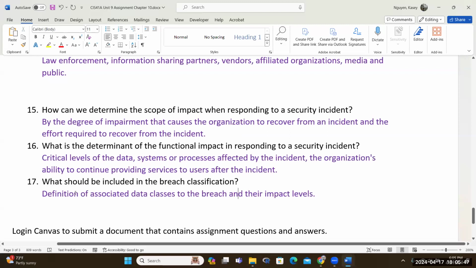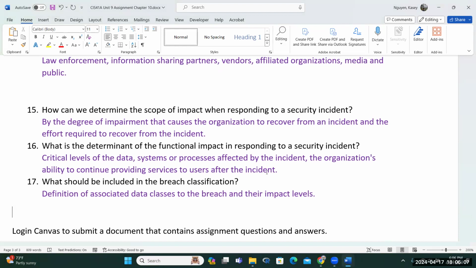It's directly related to the class of data, or data classification. And then how severe is it, right? We just touched on that before. Similarly, you would see whether it's functional impact or operational impact.